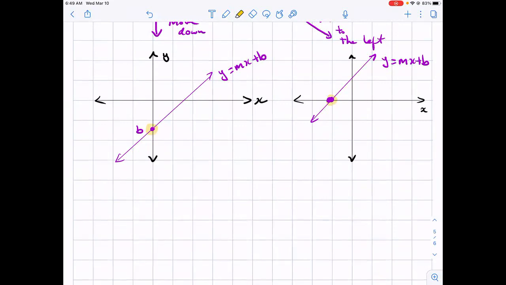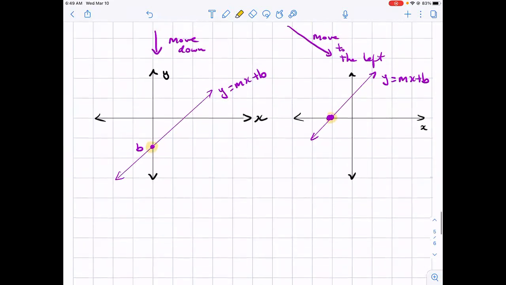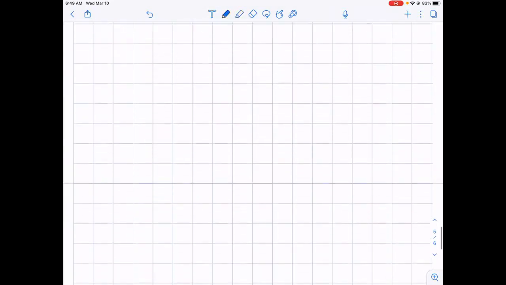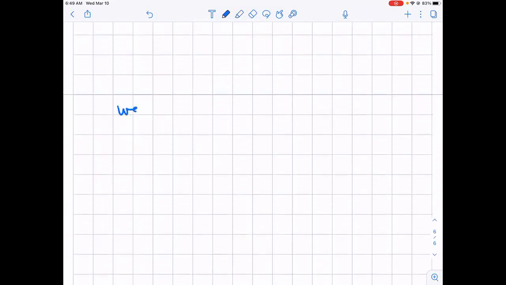We have a list of common functions, and those are called the parent functions.